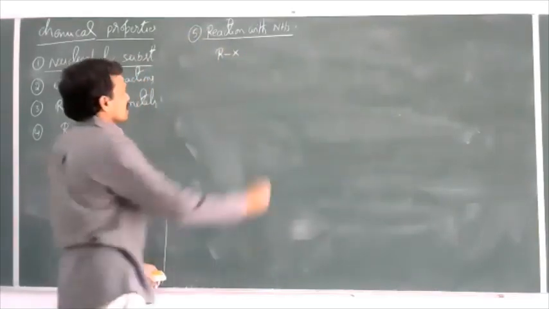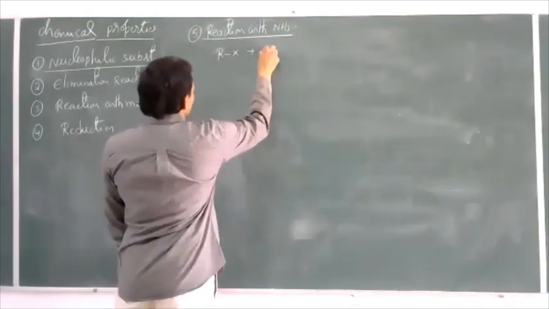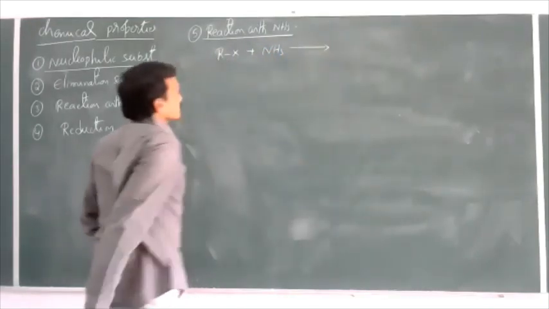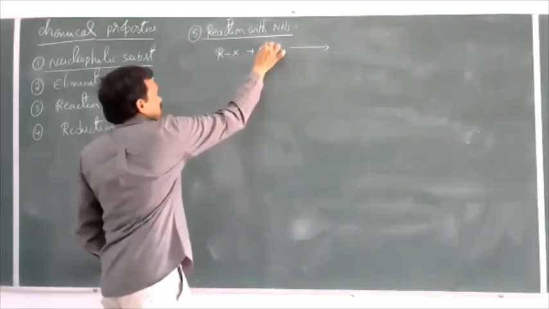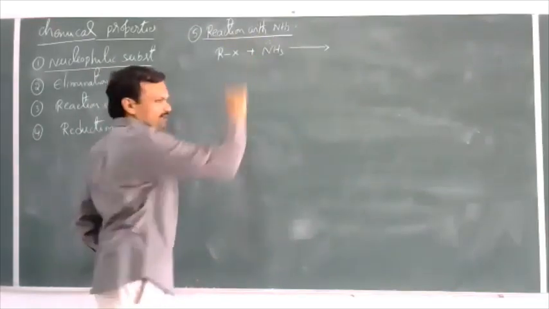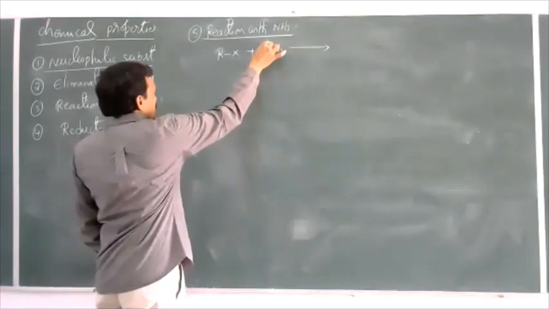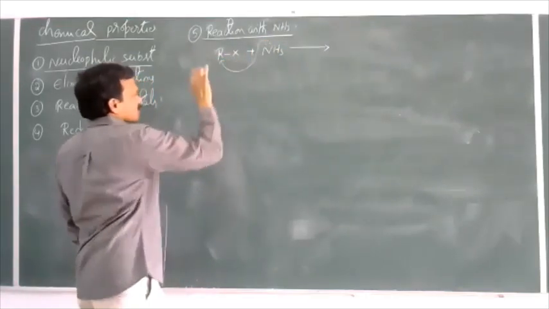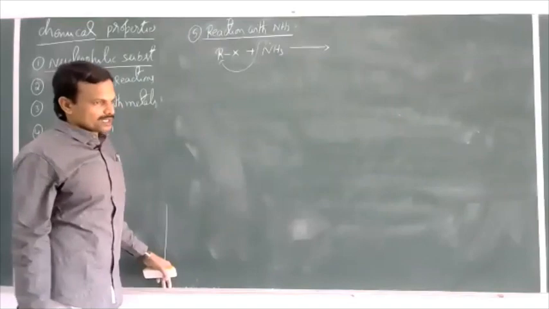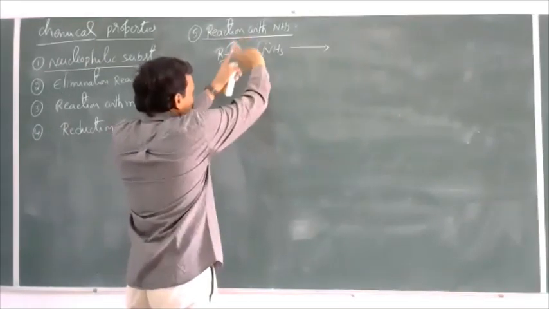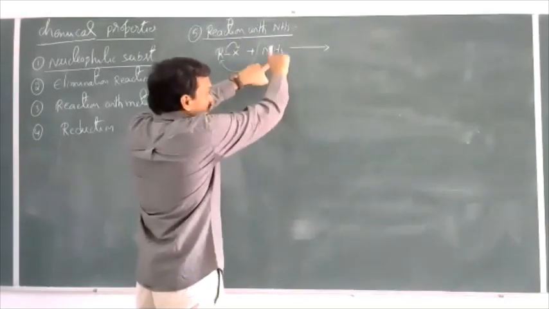When haloalkanes are allowed to react with ammonia, NH3, then this nitrogen contains a lone pair of electrons. So this nitrogen donates lone pair of electrons to this X minus, and then this X minus will be replaced, the replaced X minus, and from this H plus combined to form HX.